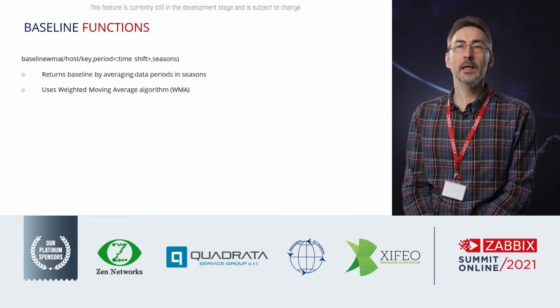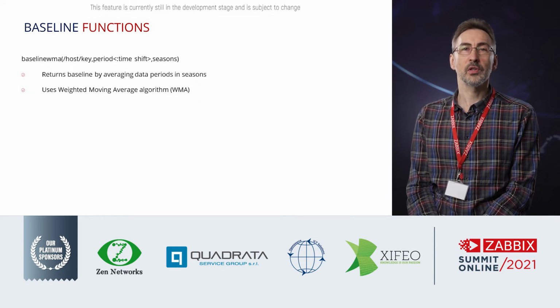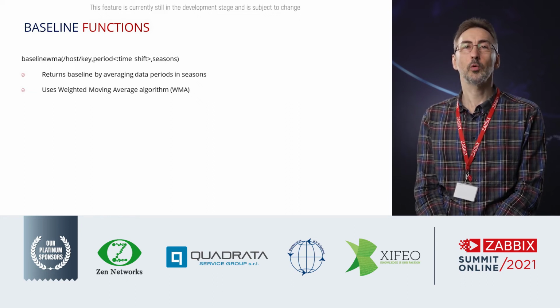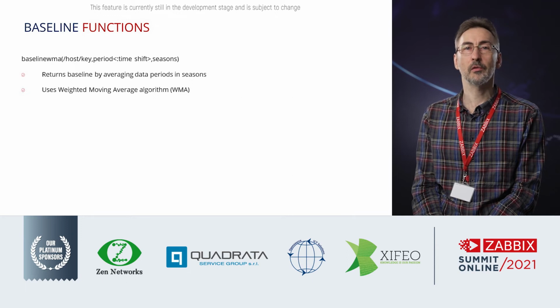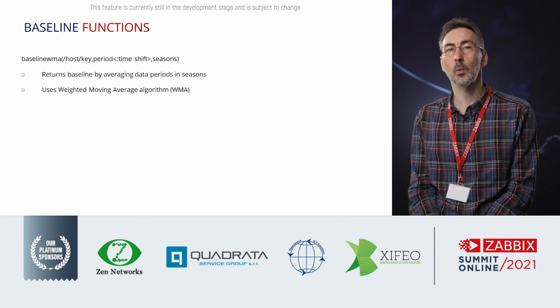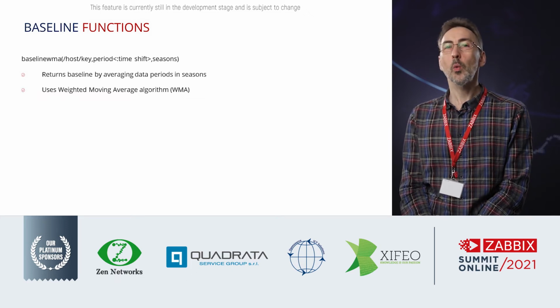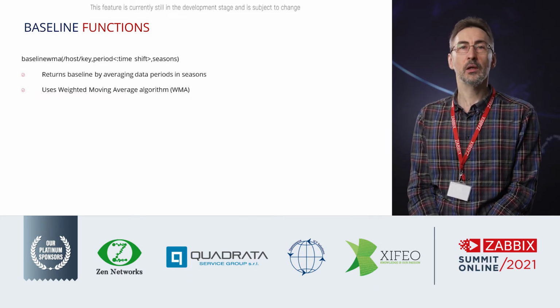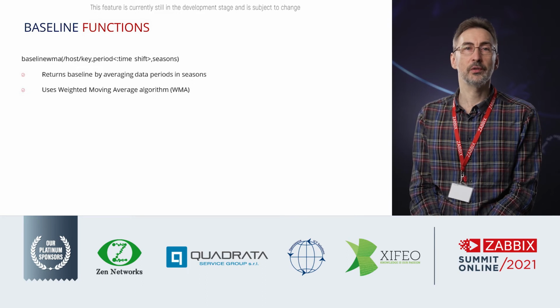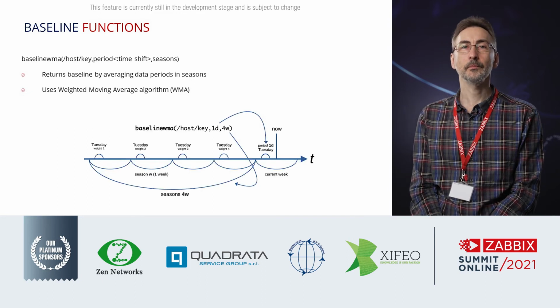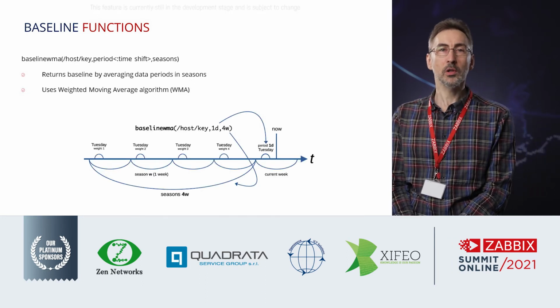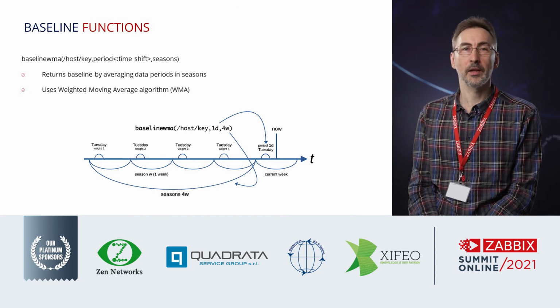Baseline WMA takes all periods that fit into seasons, calculates an arithmetic mean for every period, and then calculates a weighted average from all these periods. Weighted average allows a heavier influence of the recent data. The calculations will look like this on a timeline.